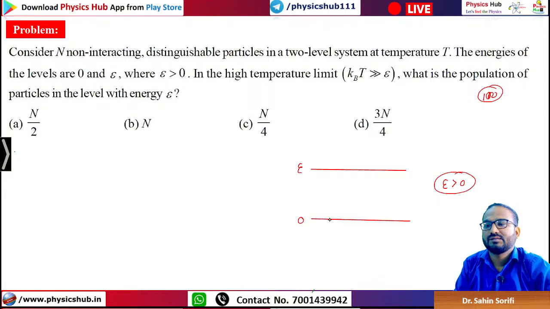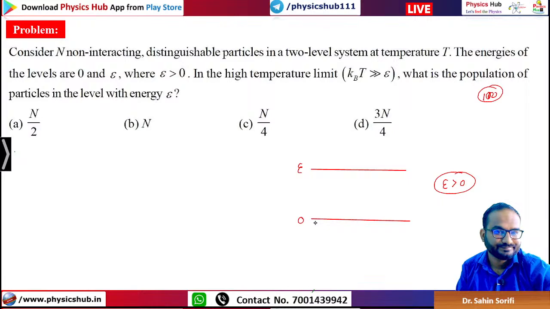If I say the probability for this energy level is 0.60, the probability for the other will be 0.40. So 60 particles will be here, 40 particles will be here. If I say the probability here is 0.3, here the probability will be 0.7. So how many particles? Probability into total number of particles. So 30 particles will be here, 70 particles will be in the epsilon level.